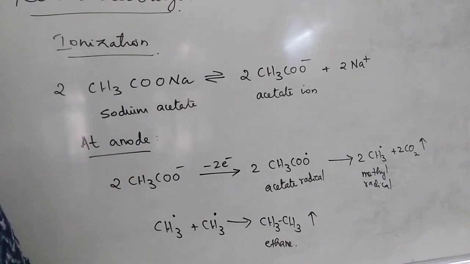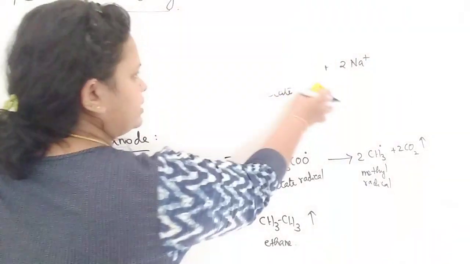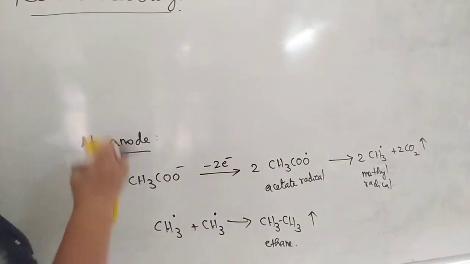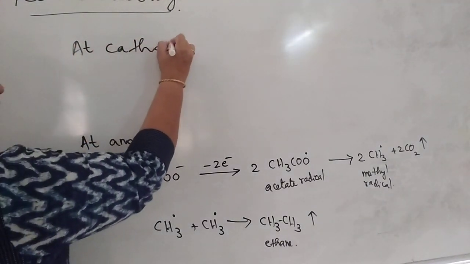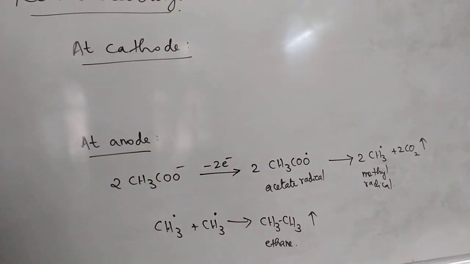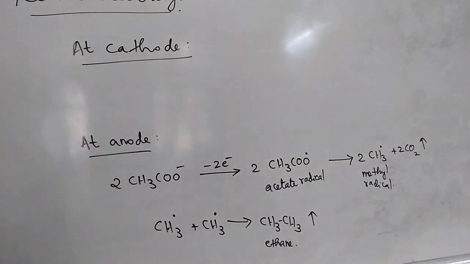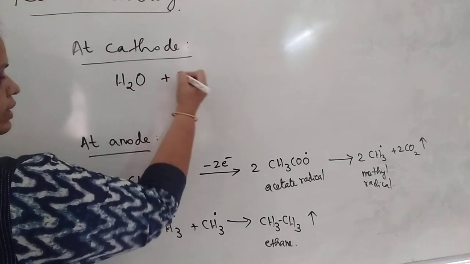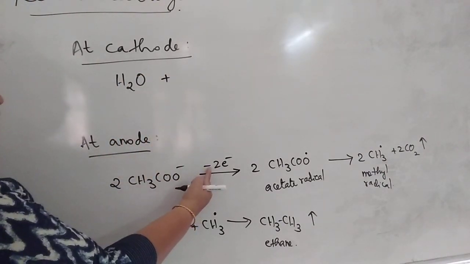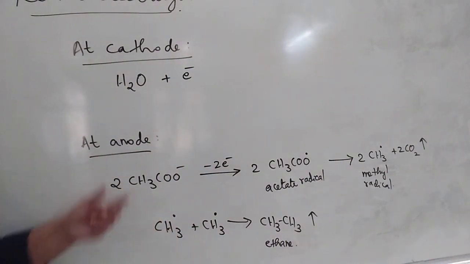Now we have to see what happens at the cathode. The cathode is negatively charged, and therefore towards the cathode the cations will be migrating. At the cathode we have water, and the two electrons released at the anode will be taken up by the water.